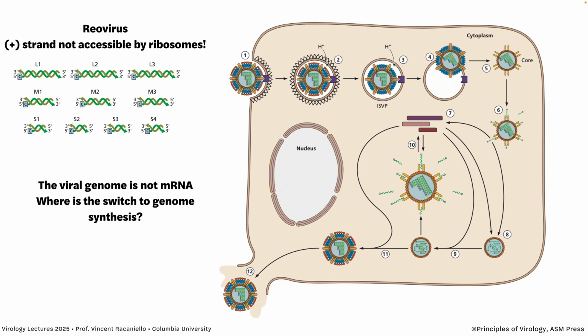So this is one example of a virus where the genome never leaves the particle. They stay in there, and the polymerase makes mRNAs from each of the segments, 10 or 12 or whatever you may have. And that's shown here, these little squigglies coming out of the turrets. Those are mRNAs being made by the polymerase that is inside the core particle.